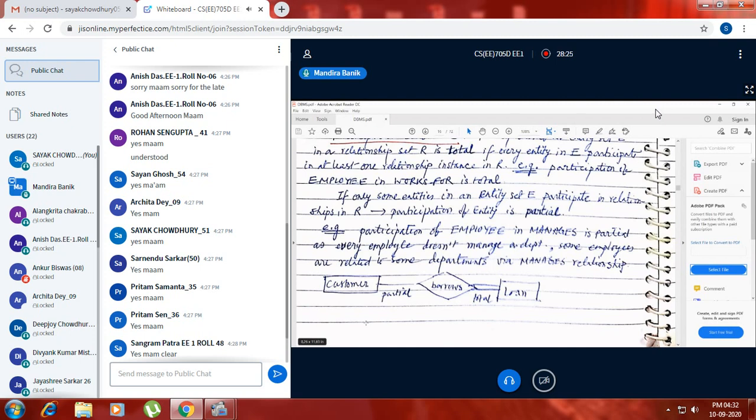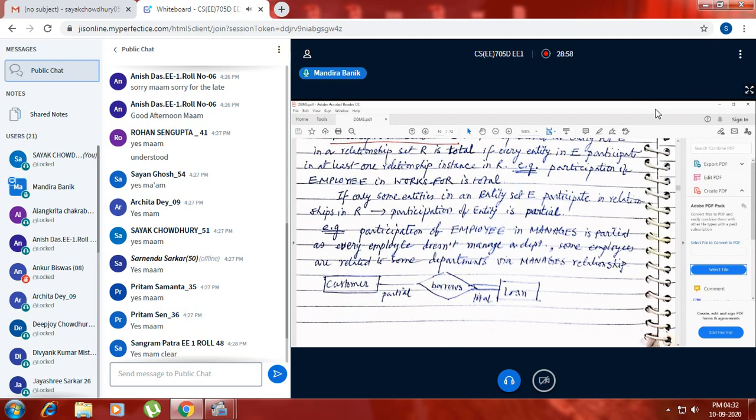Without a customer, no loan account should be there, because the customer is taking the loan. So all the loans are borrowed by some customer. That's why the participation of loan in the borrows relationship is total.